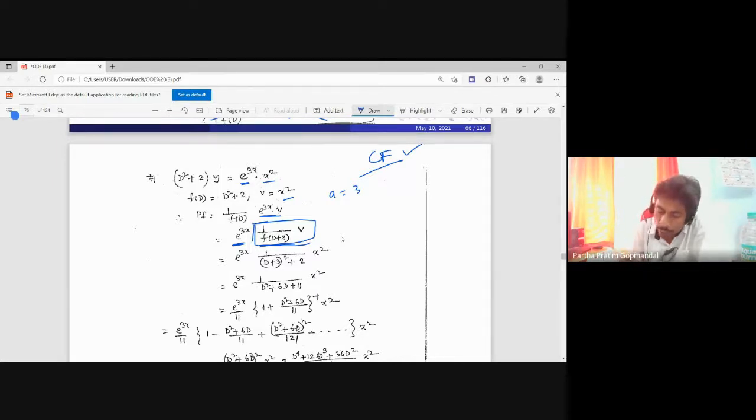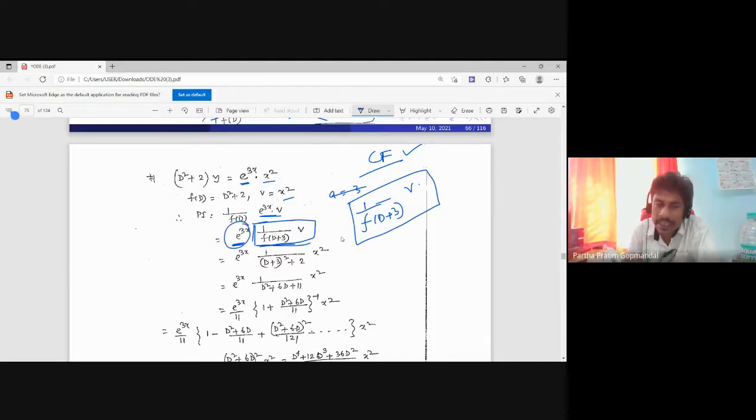Now, what you can do is you can stop here and find separately 1 by F(D plus 3) V. Then again you substitute that value right here. So now the target is to find this term only. There is nothing to do with e to the power 3x. This is just a multiplier. Now see, F(D) is D square plus 2.